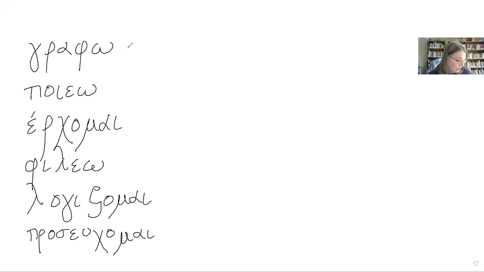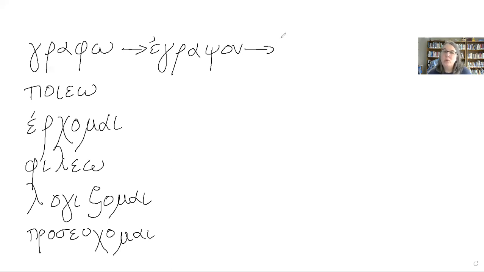Duff asks us in 14.1 to put grapho into the aorist singular. So if we're going to think about the aorist of grapho, it's going to be with an epsilon augment, egraph, and then when we add a sigma to the phi, we're going to get the psi here. So it'll be egrapsa in the indicative aorist.